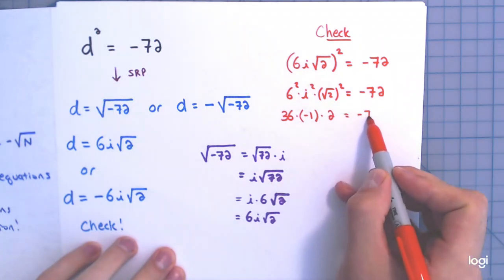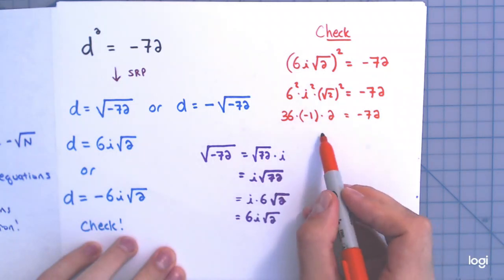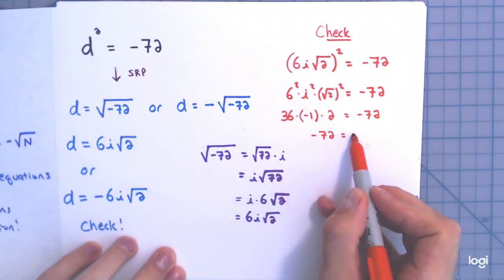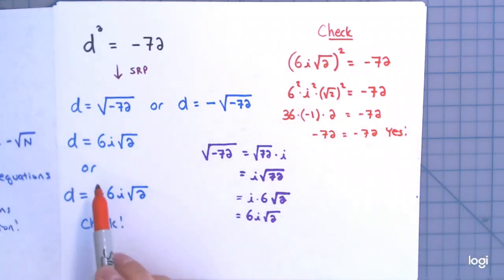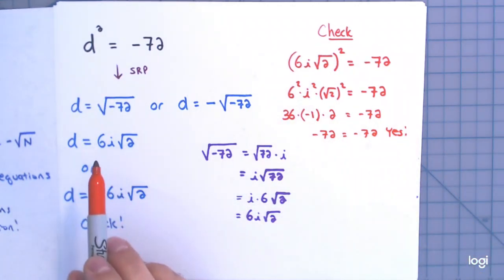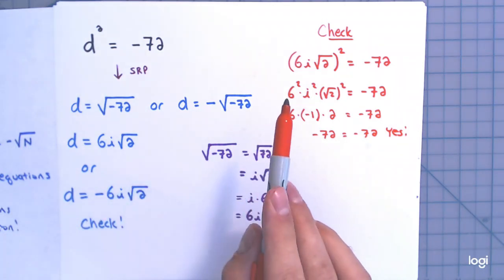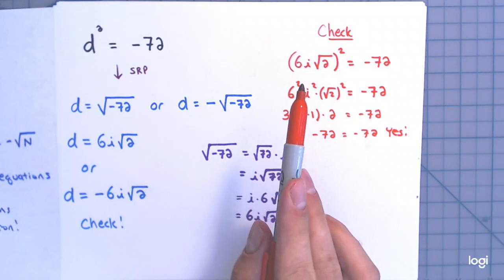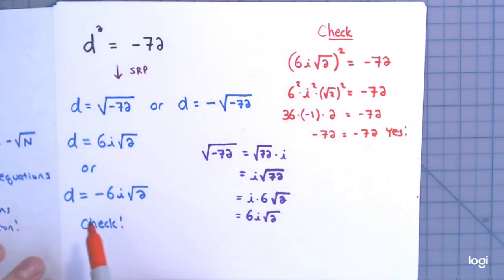And is this negative 72? Yes, it is. 36 times negative 1 would be negative 36, times 2. You have negative 72 equals negative 72. Yes, this is a good solution. And the same thing would go for negative 6 in there, because all that would change is you'd have negative 6 to the second power, which would still be positive 36, and all the rest of it would be the same.